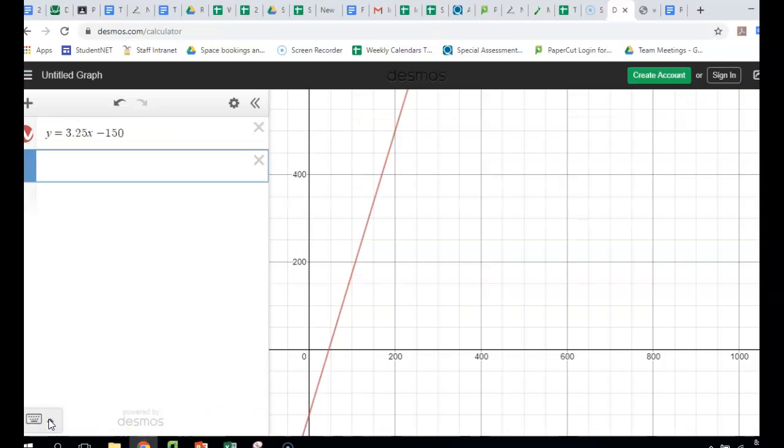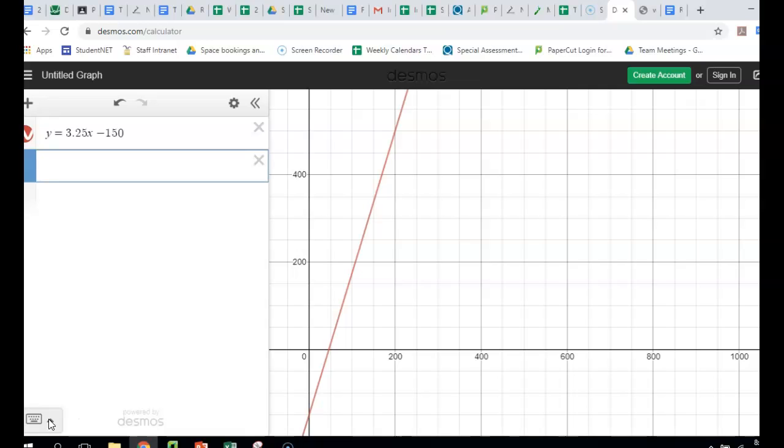So now we've gone to Desmos, and we're going to type in each person's graph, but we need to replace our D's with Y's and our T's with X's. So Mrs. Albertson looks like y equals 3.25x minus 150.